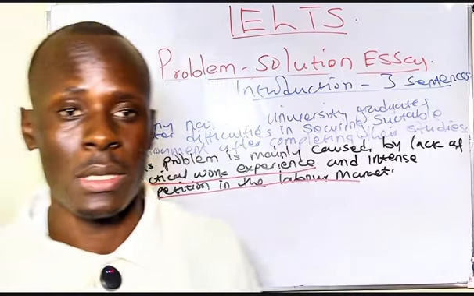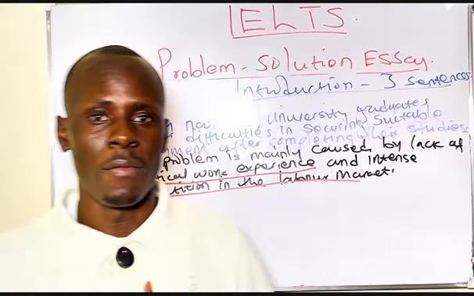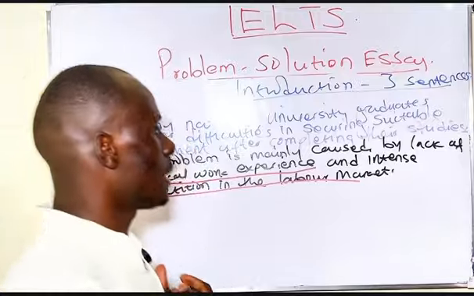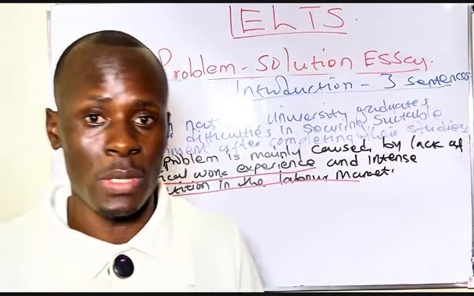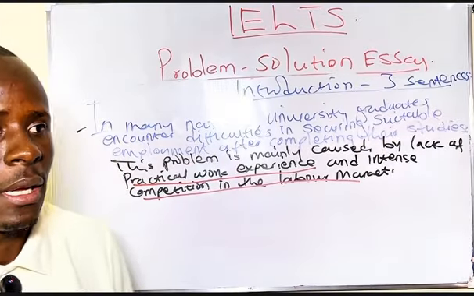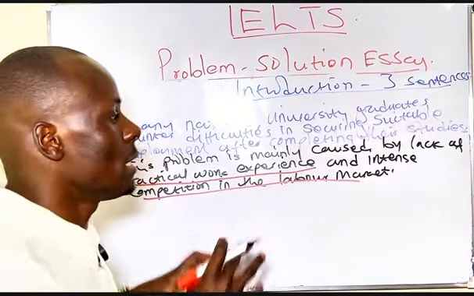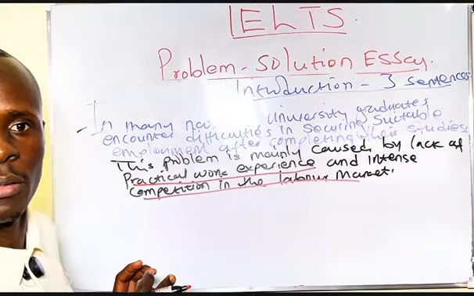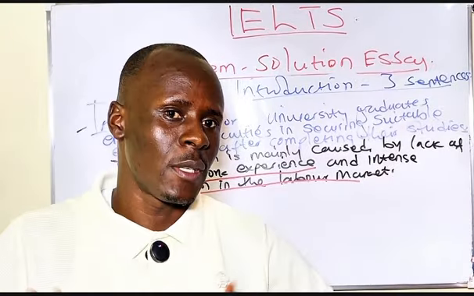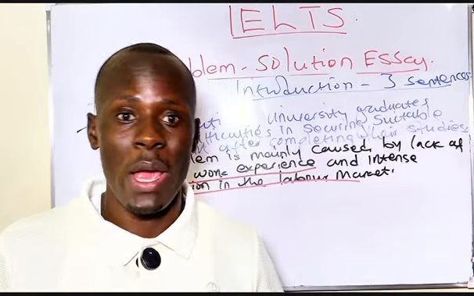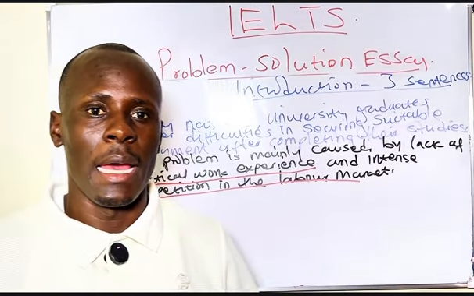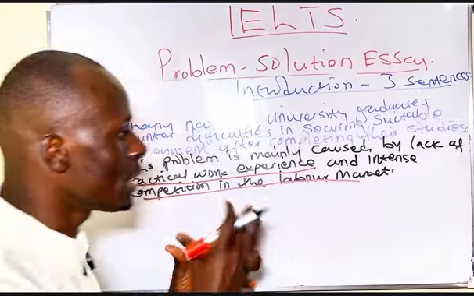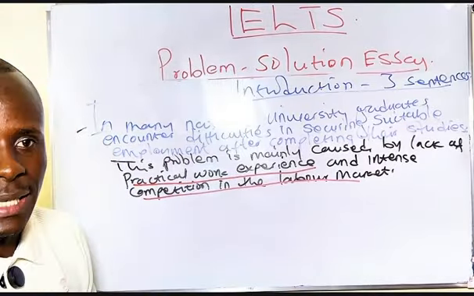So we have 2 reasons that make us believe that this is why the university students are struggling to secure jobs. Now, this is just my example. We have several reasons why this is happening. You can as well write them. And after you've written them, we now move to the third sentence.